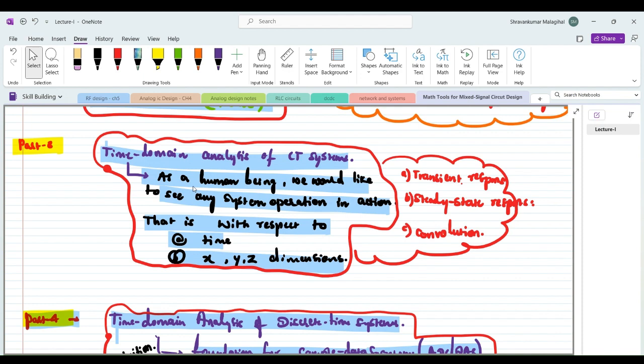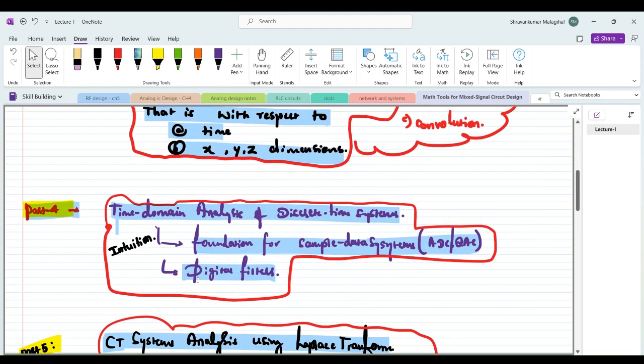Any system operation contains two aspects: the transient response and the steady state response. We'll see how to derive these responses, and we will also study an interesting tool called the convolution integral. So we'll understand these terms there.